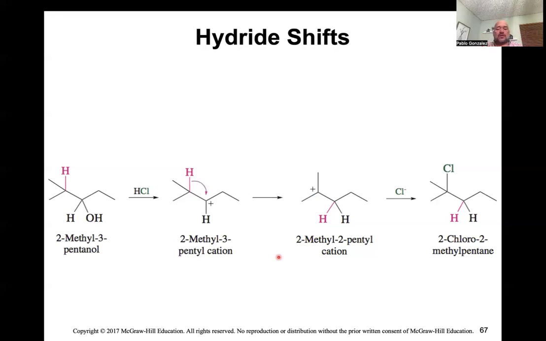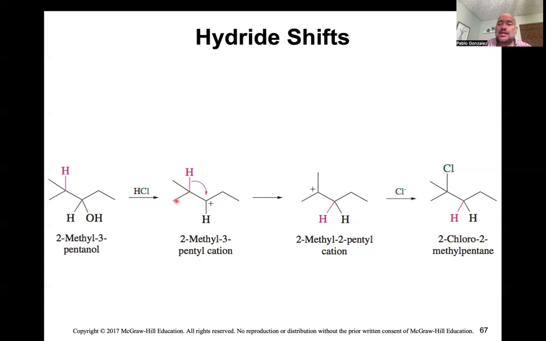Now let's look at this pretty quick. Instead of moving the hydride, if I move the methyl to here, what type of carbocation will I create if I move this methyl group to this carbocation? It will be a secondary carbocation. So from secondary to secondary, that's not allowed.